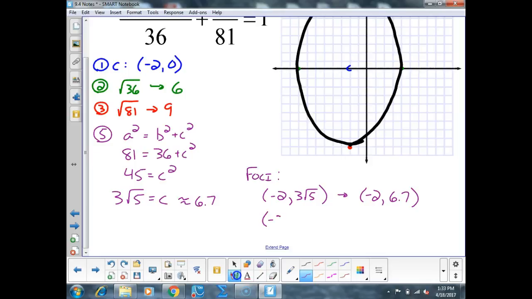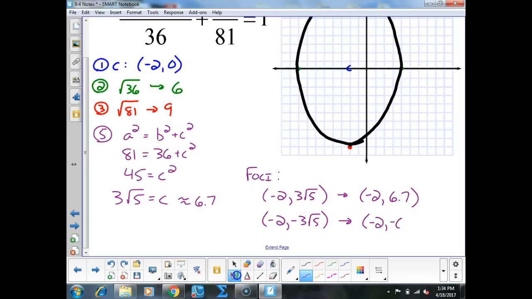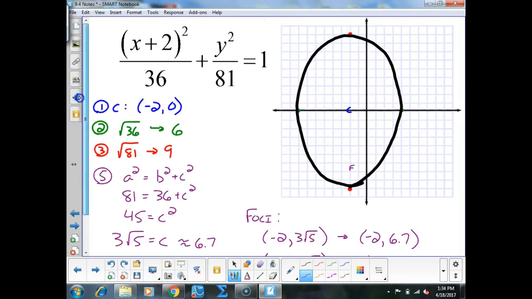My other one is at -2, comma, -3 square roots of 5, which is -2, comma, -6.7.